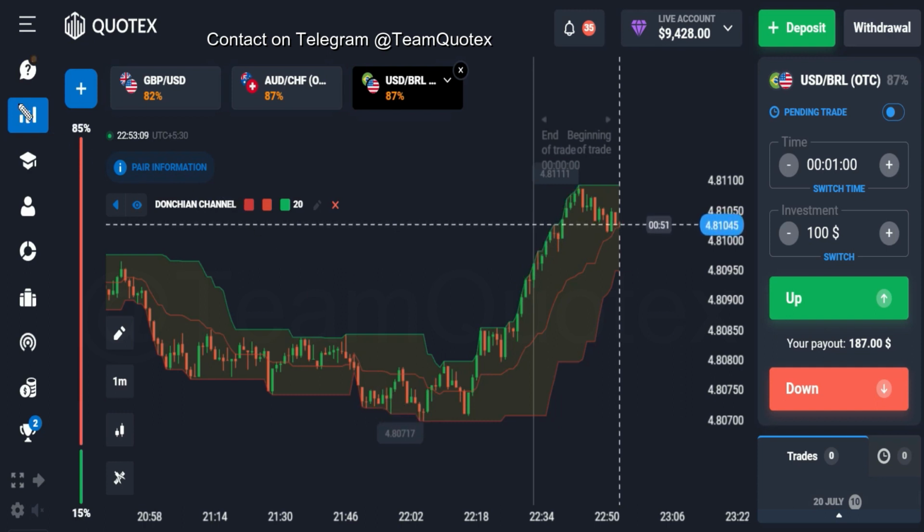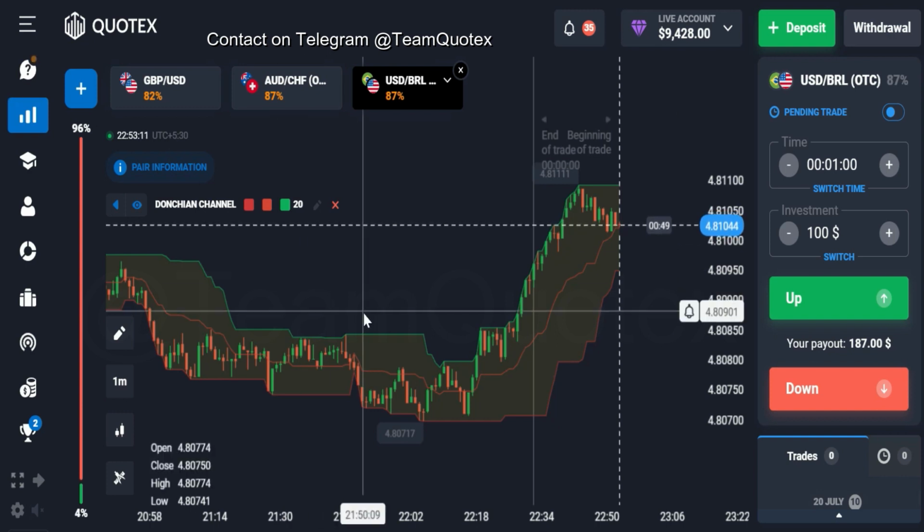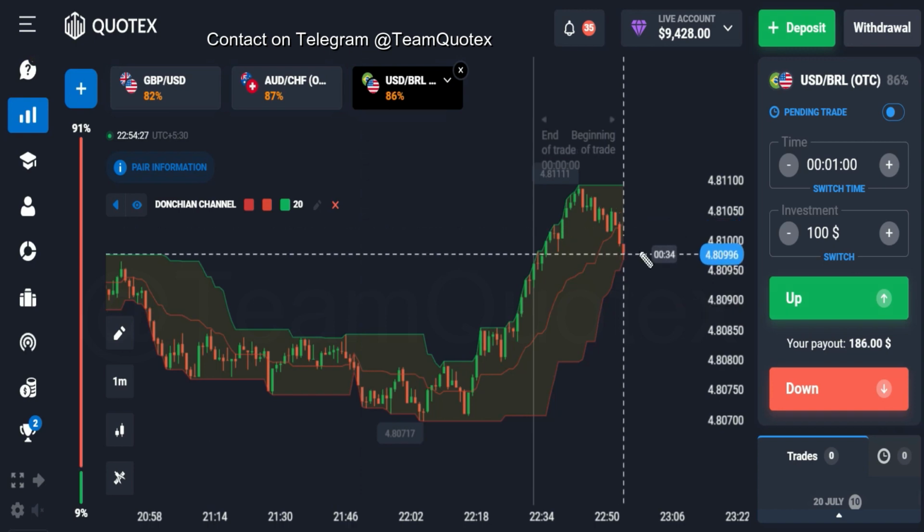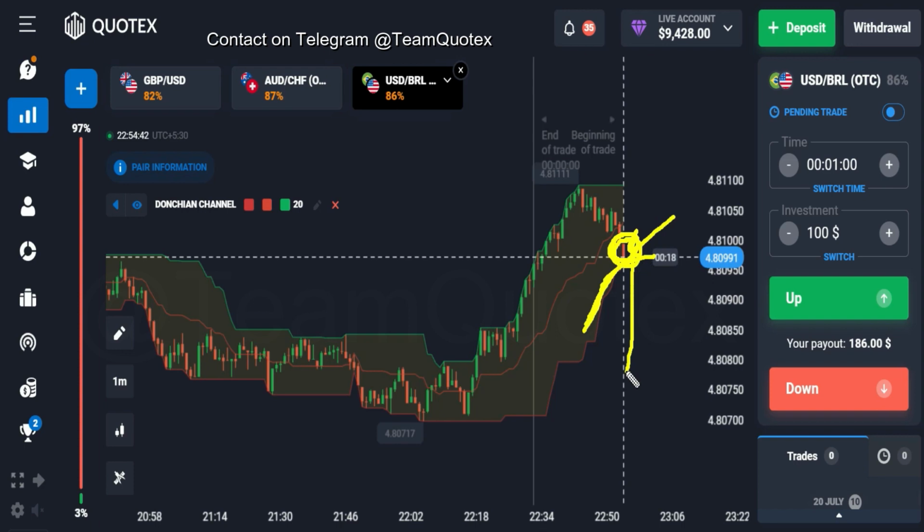So now guys, how can we trade, how can we make the entries? So now you can see this is the current candle. If this candle crosses the price below this lower line, this is your lower channel, that means it's indicating us that the market can go down.